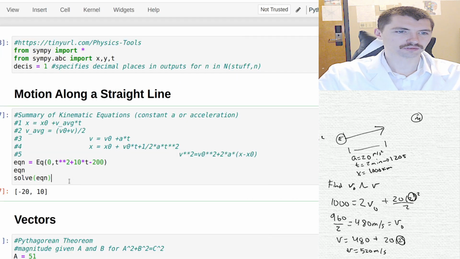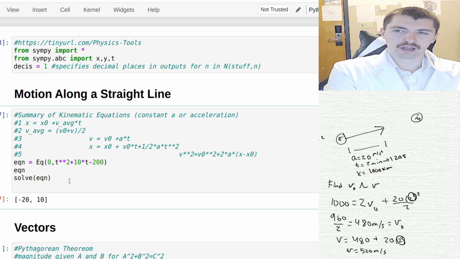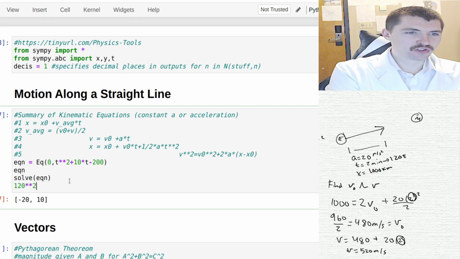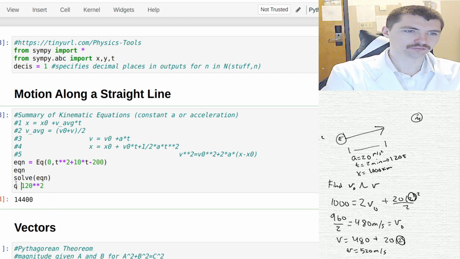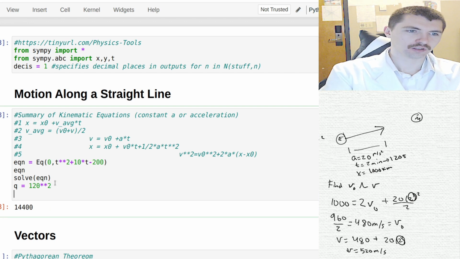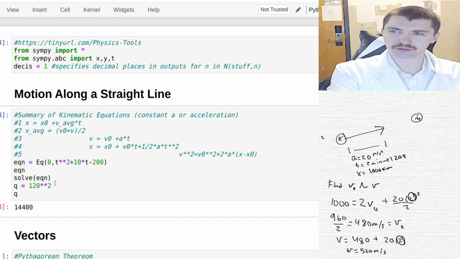What, 20 squared. Q times 20 divided by 2.